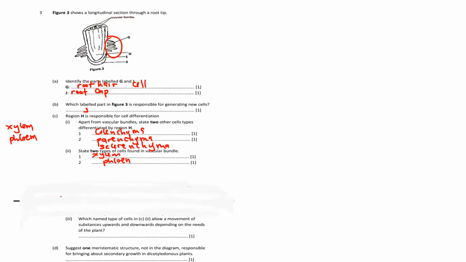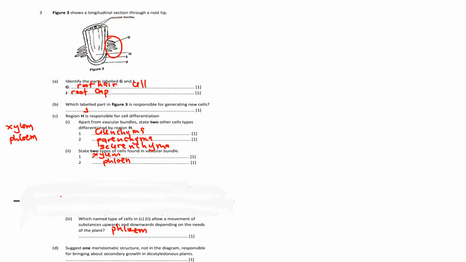In the xylem, the function is conduction of water and mineral salts, and there's just one direction of movement, from the ground to the leaves or to the top part. But for the phloem, there's movement of material up and down depending on the needs of the plant. So here is the phloem. That is where you find the movement of material up and down.